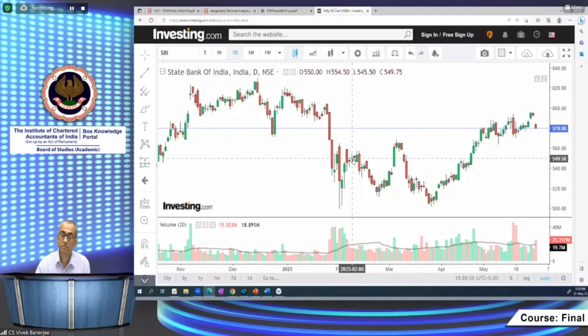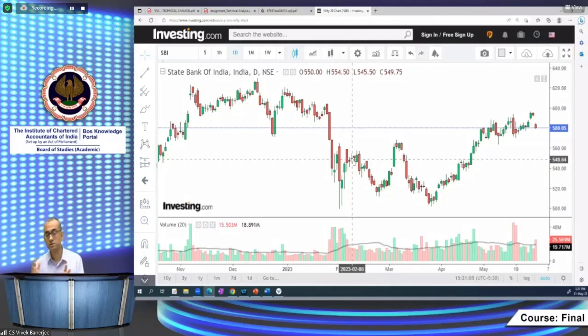Because of some buying, it goes up to 553. Because of some selling, it again goes down to 546 and then closes at 548.64, which is at the same level at which it opened. So the market opens at 549 and closes at 549.